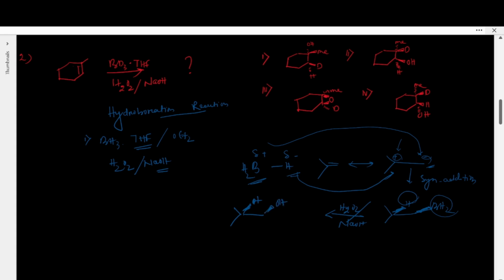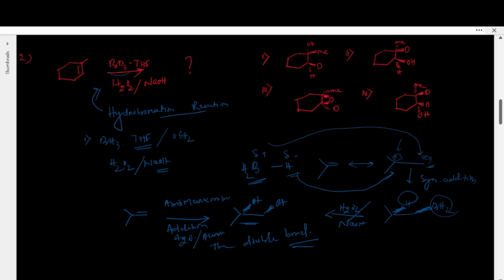So the reaction goes from alkene to the product alcohol. It seems like an anti-Markovnikov addition of water across the double bond. So this is the concept we have to apply here.